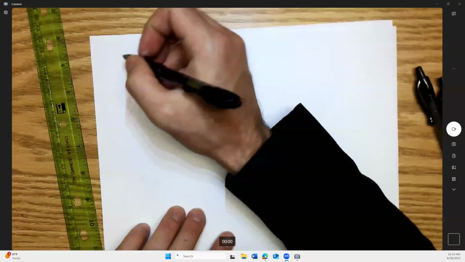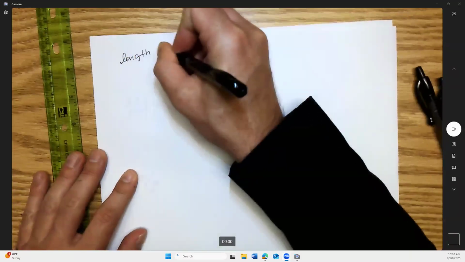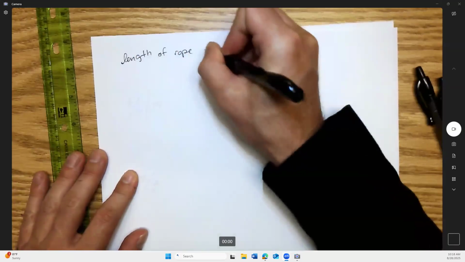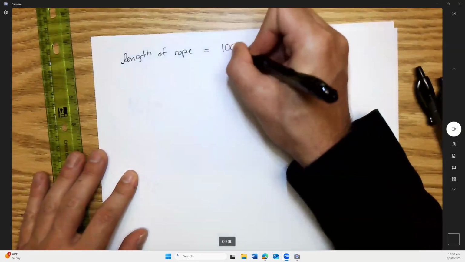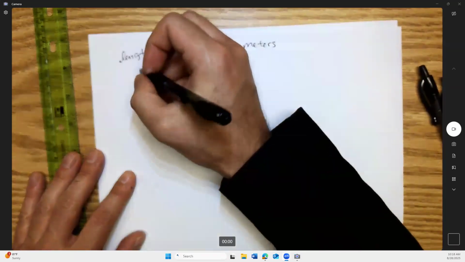Let's do some word puzzles. Suppose you have a length of rope that is 100 meters. I'm going to split it into 3 parts.